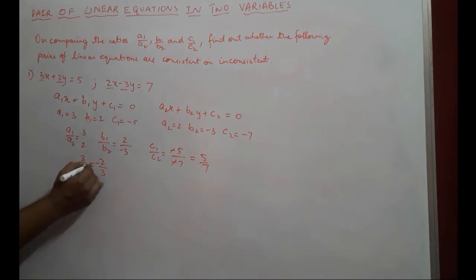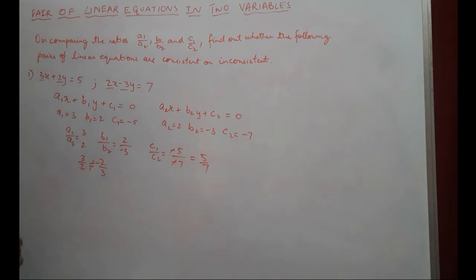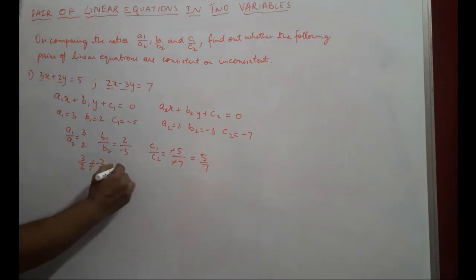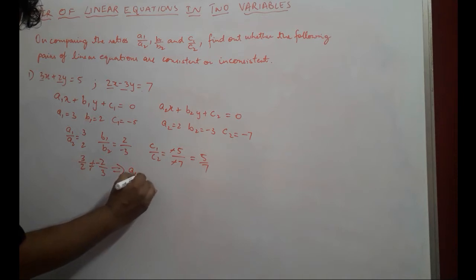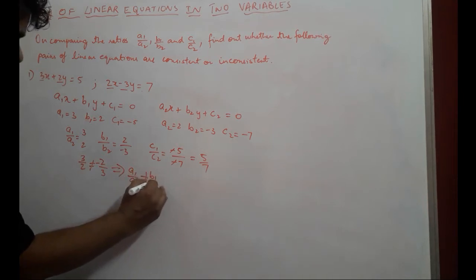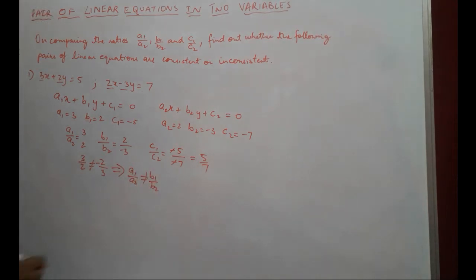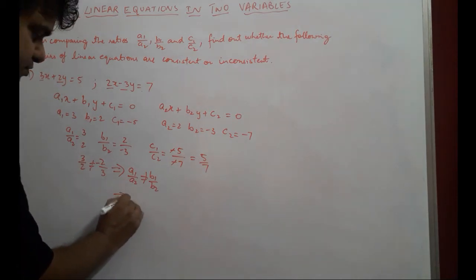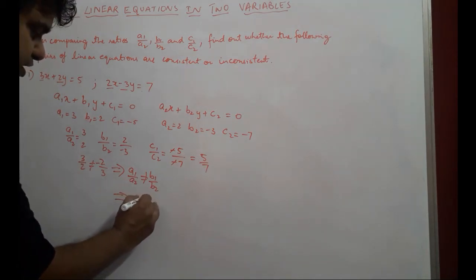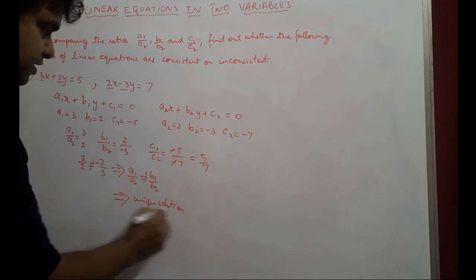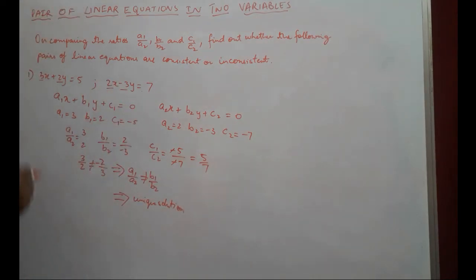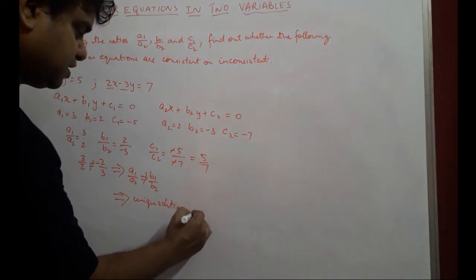They are definitely not equal to each other. In that case, this implies that a1 upon a2 is not equal to b1 upon b2, therefore this means that this is a unique solution and it means that this pair of linear equations is consistent.